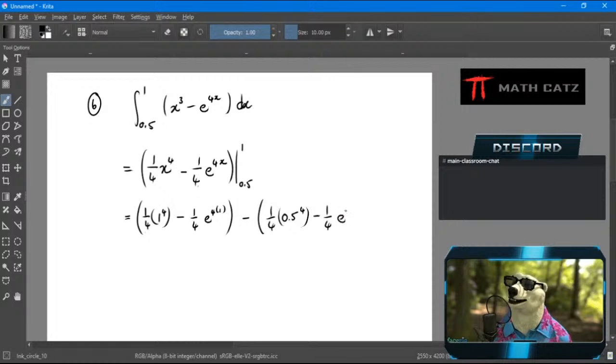Now the 0.5 is a little less convenient, but still, that is how we're going to do it. So you don't have to write this out, but I'm doing it just to emphasize what the calculation step is doing. Plug in the top minus plug in the bottom. That is not going to change. So let's calculate that.